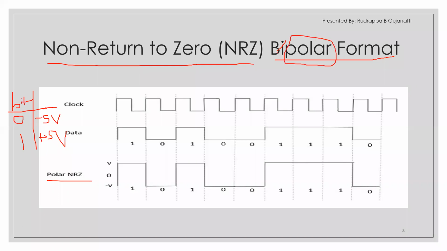It is actually polar format. So in polar format, this is the representation. Bipolar is slightly different. So in polar format, this is how it goes ahead. 0 is represented with minus 5 volt and 1 is represented with plus 5 volt.